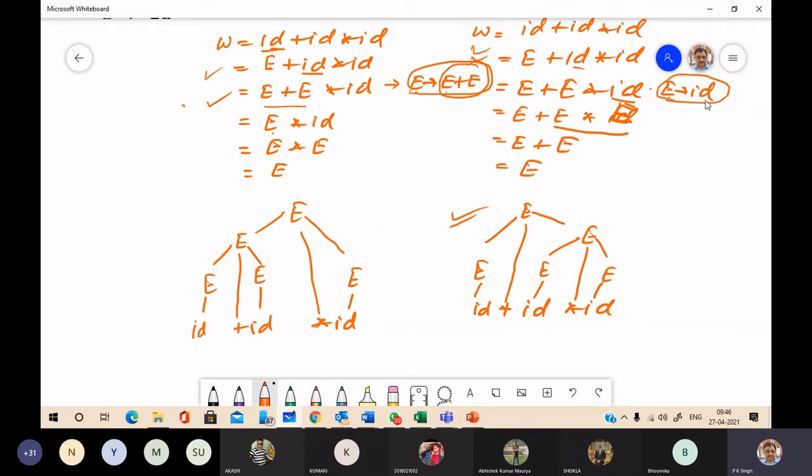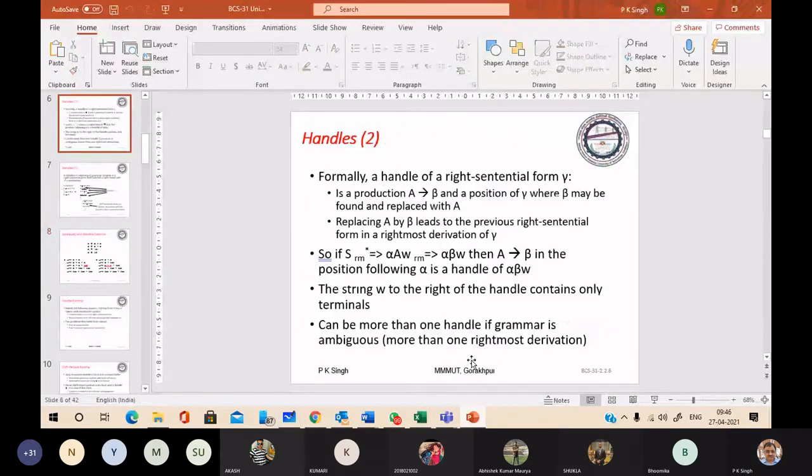If you see the definition of the handle, a handle of a right sentential form gamma is a production. We now have two productions, E to E plus E and E to ID, with their respective positions, and by replacing it we get the previous right sentential form of the derivation of the string.